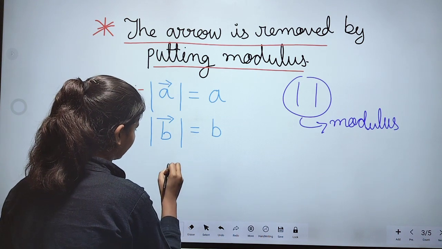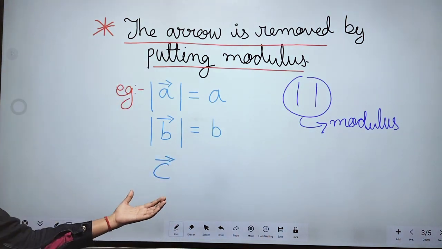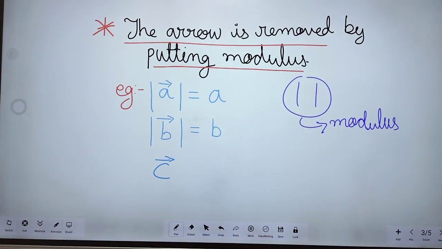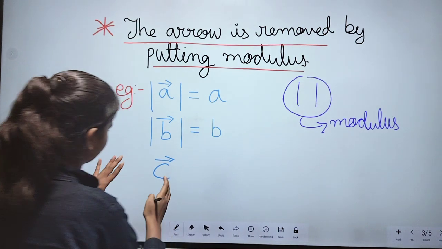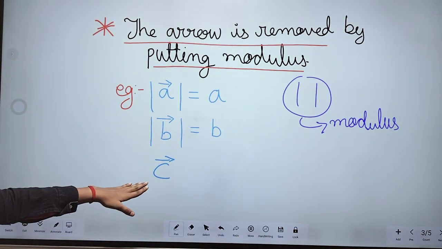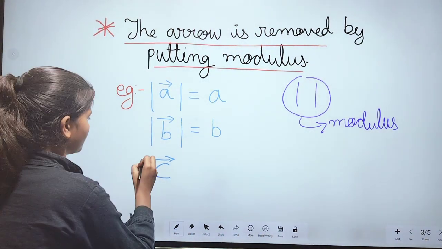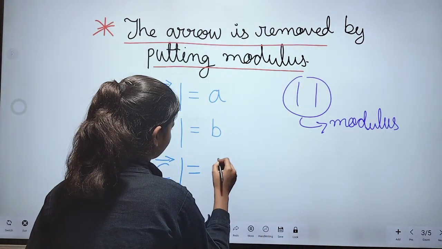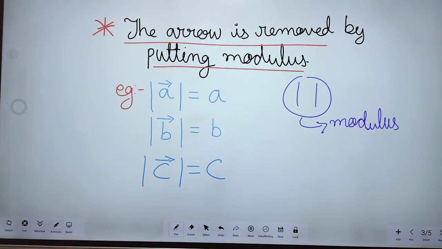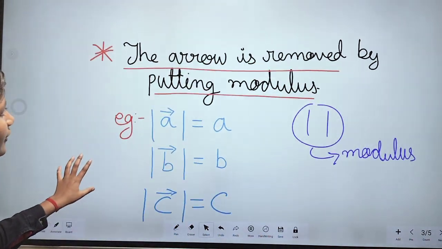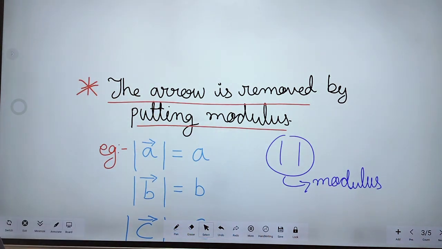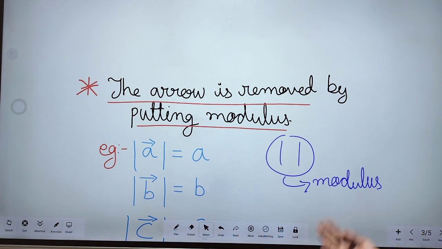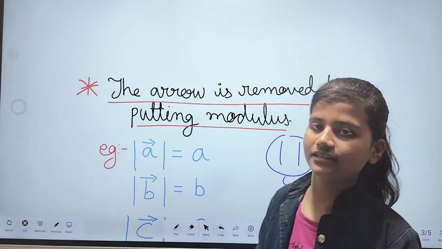This one is C vector, because the arrow denotes that it is a vector. If we put modulus, then the arrow will be removed. I hope you understand this point very clearly: if we put modulus on any vector, the arrow is removed.